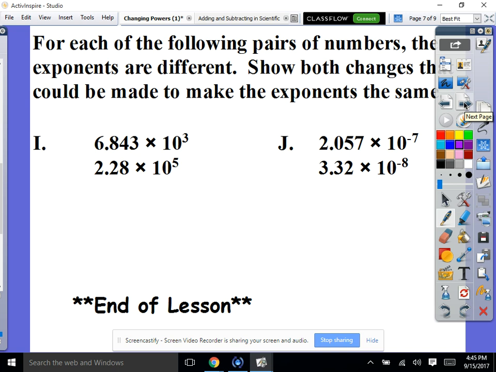Okay, so if we want to change the top one to have the same exponent 5 as the bottom one, so we make our exponent 2 bigger, we have to make our number 2 smaller. If we want to change the bottom to be 10 to the third, we've made our exponent 2 smaller, so we need to make our coefficient 2 bigger.